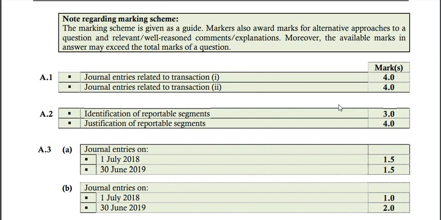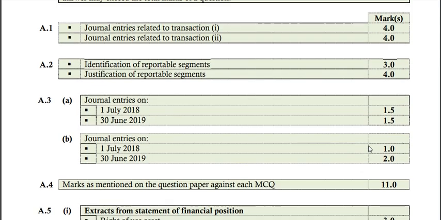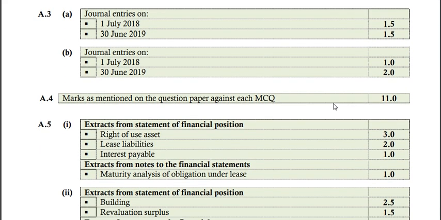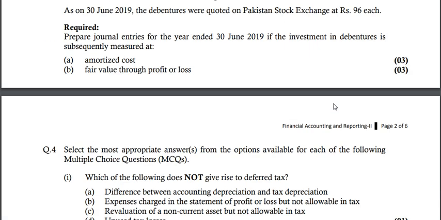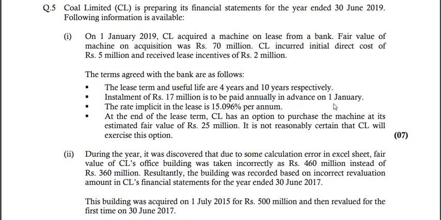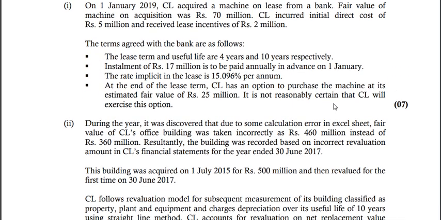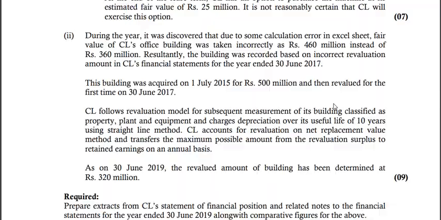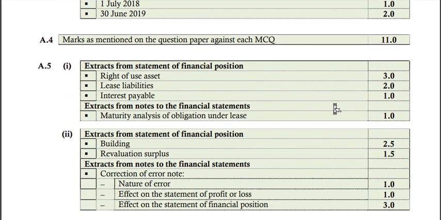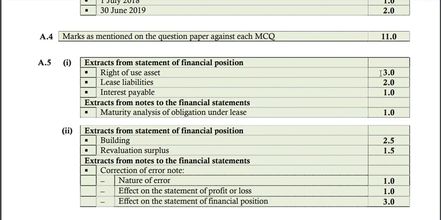Similarly, question number 3 has 2 different portions, 3 and 3, but in the marking plan it has 4 portions. A is divided into 1.5 and 1.5, and B is divided into 2 and 1. Same goes with question number 5. There are two portions, one of 7 and one of 9, but in the marking scheme the 7 is broken down into 4 marks.